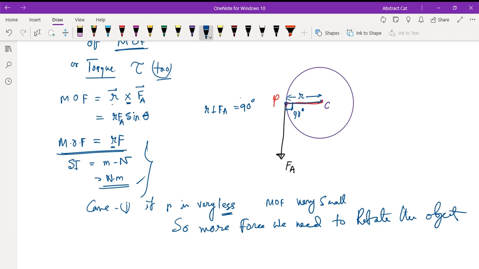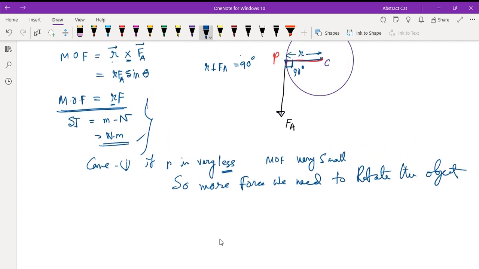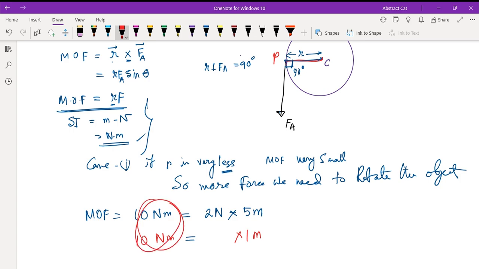Similarly, suppose the moment of force is 10 newton meter, the force is 2 newton, and the radius is 5 meter. If the radius decreases, suppose now the radius changes to 1 meter, and we still need a 10 newton meter moment of force, then the force must be 10 newton.